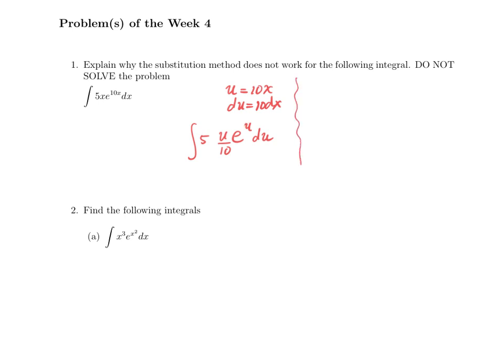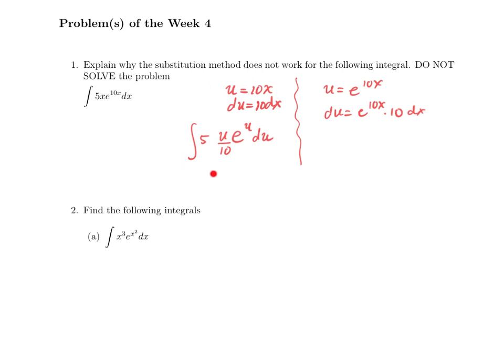And the second choice is that you could call u equal to e to the 10x, and therefore du will be e to the 10x times 10, and you end up in the same place because you don't have the x.